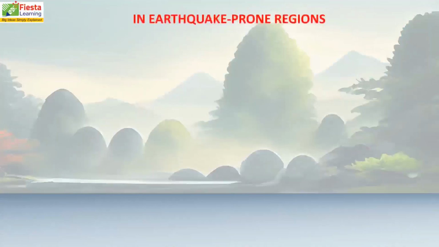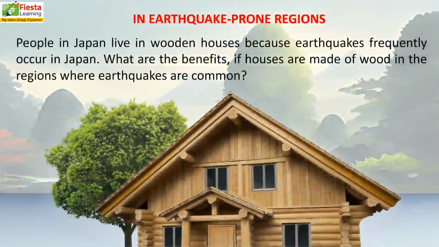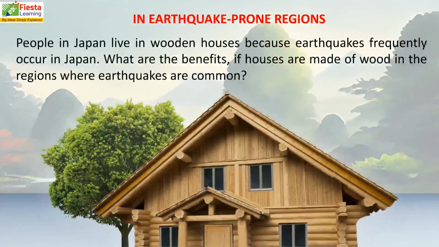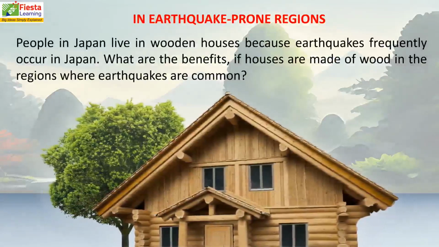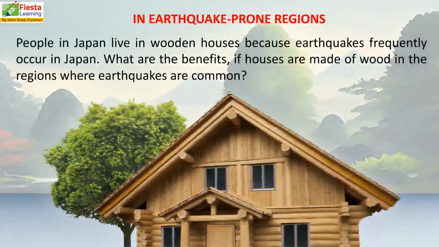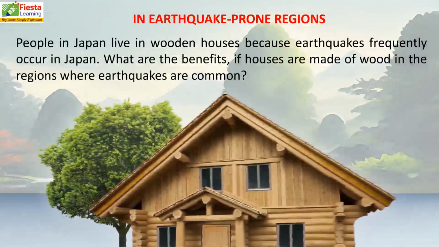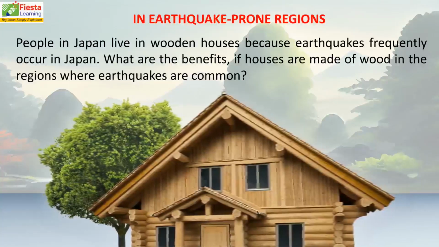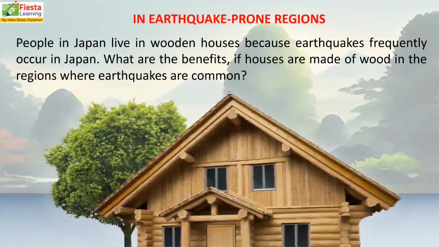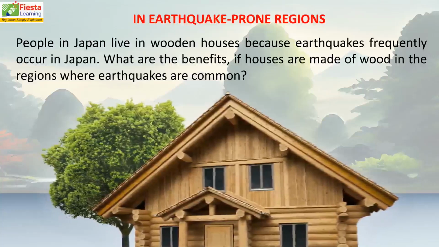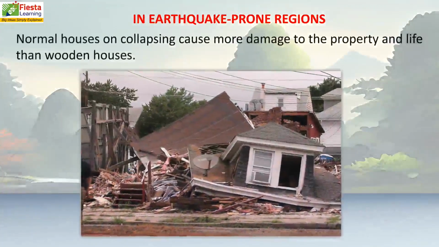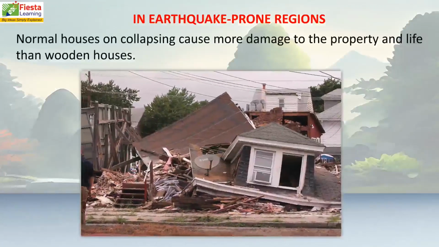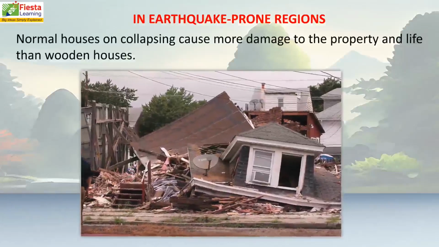In earthquake-prone regions, people in Japan live in wooden houses because earthquakes frequently occur in Japan. What are the benefits? In regions where earthquakes are common, normal houses on collapsing cause more damage to property and life than wooden houses.